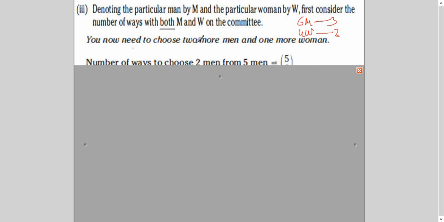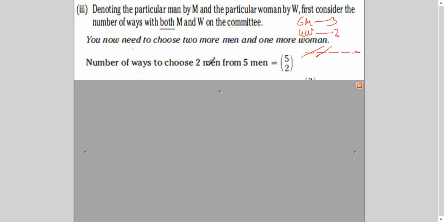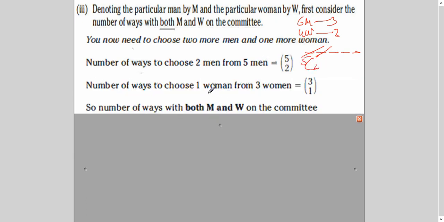So if both of them are present, 1, 2, 3, 4, 5, it means 2 seats are gone. Then, because 1 man is gone, I need to select 2 men. 1 woman is gone, so I have to select 1 woman. So it is 2 men from the remaining 5 men, 5C2, and 1 woman from the remaining 3 women, so 3C1. So they both are on the committee: this into this.